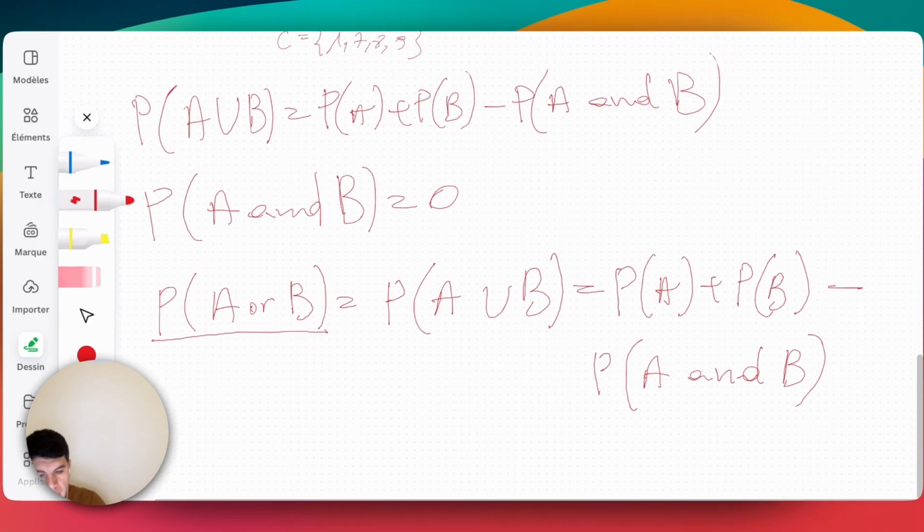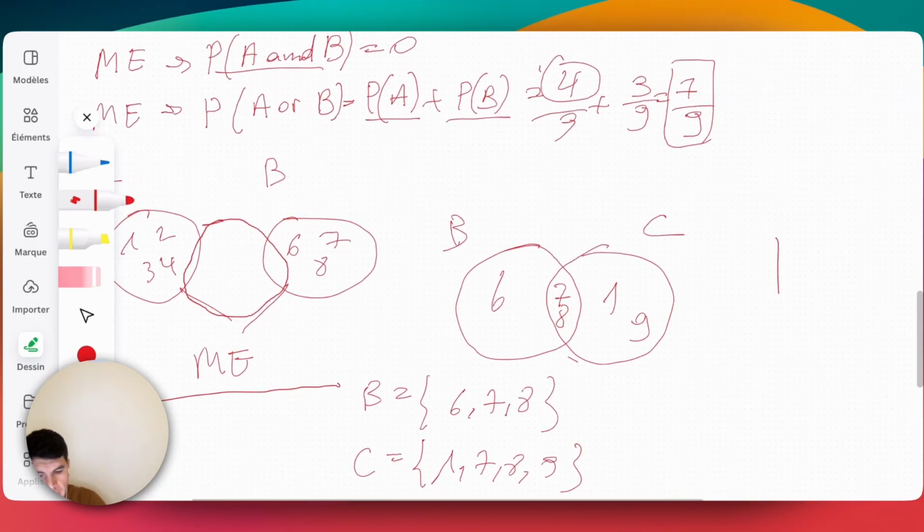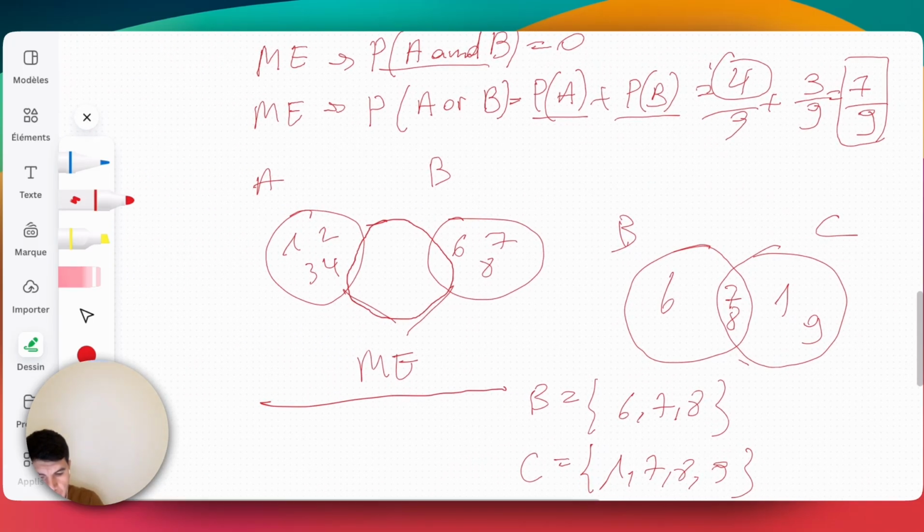If you remember, since events A and B are mutually exclusive, here you see A has 1, 2, 3, 4, and B has 6, 7, 8. There are no overlapping parts, no common elements. So we call this mutually exclusive.